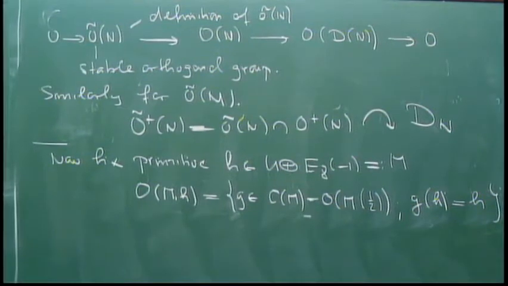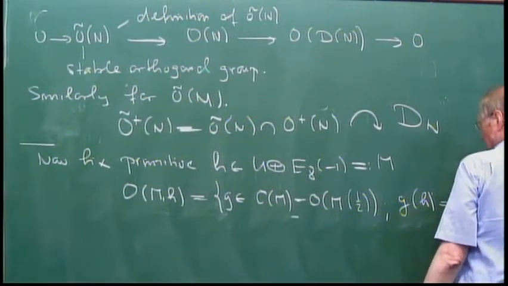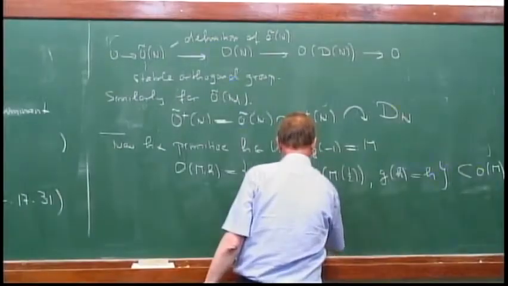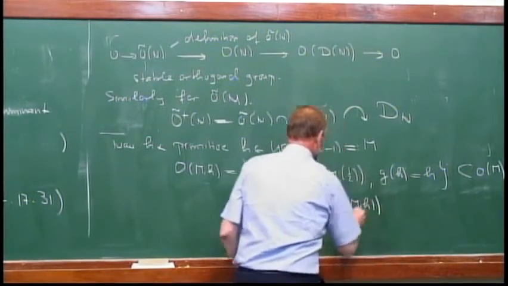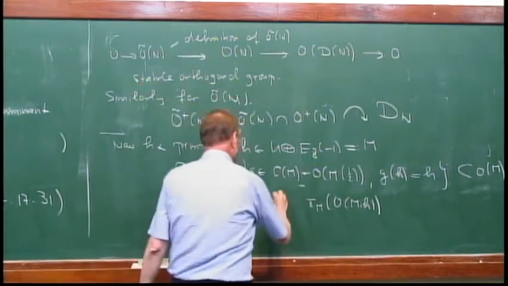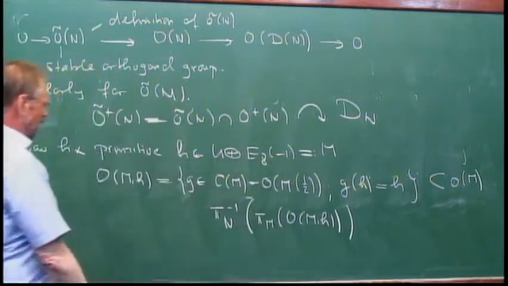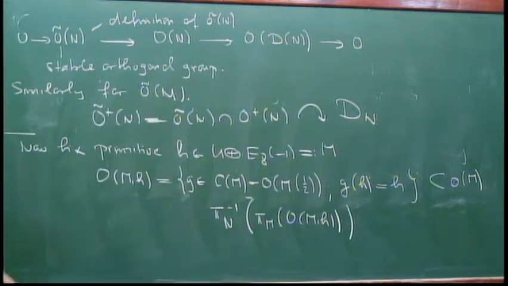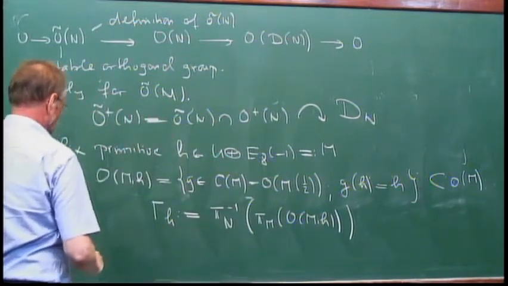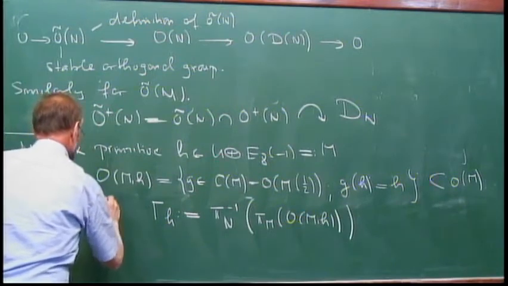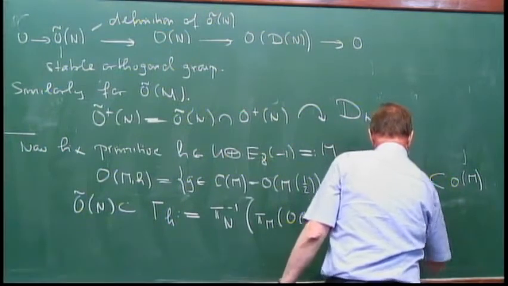So let's look at the stabilizer. So this is a subgroup of OM. And what I can do is the following. I can project this down to the orthogonal group of the discriminant. I can take the inverse image of that, going back to n, and I call this gamma h. And that now sits inside O tilde n, contains O tilde n, and is a group of On.